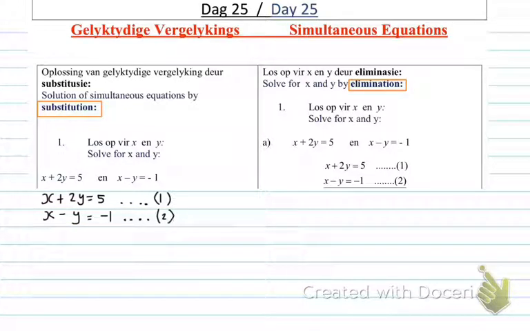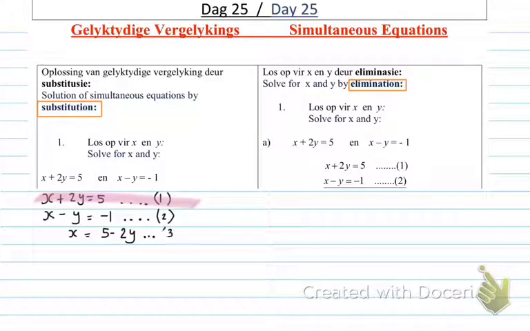Now, I have to get x or y alone on one side of the equal sign in one of the equations. So, I took equation number 1, and I said x is equal to 5 minus 2y. I took the 2y over to the other side and it became minus 2y. So now I have x alone.